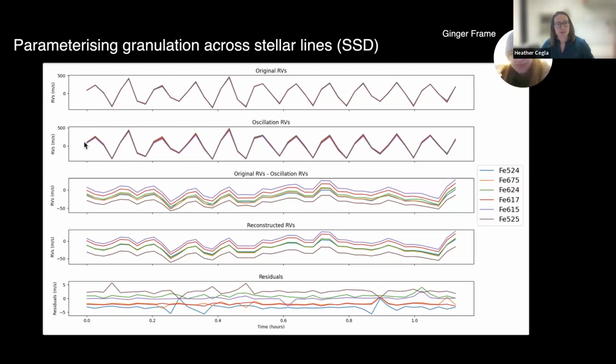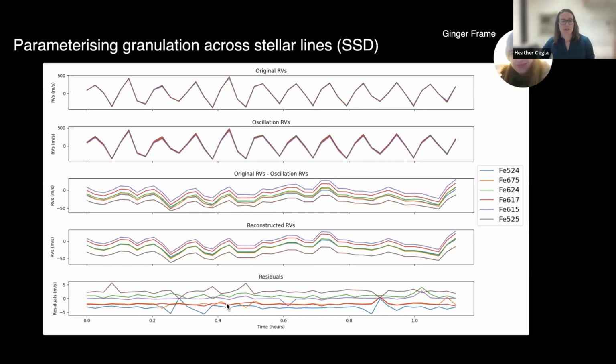The panel below is the autocorrelation between the reconstruction and the original, so it should only be the oscillation. And then the difference between those two is what should be the granulation signal. She's done this for all the different lines that we're looking at the moment. And then we can compare this, which should be our ground truth of the granulation, to our reconstructed RVs.